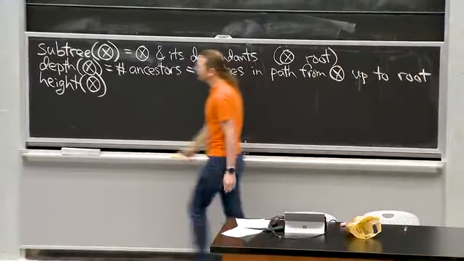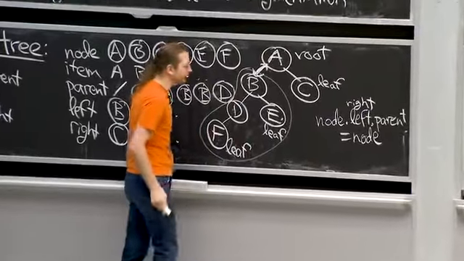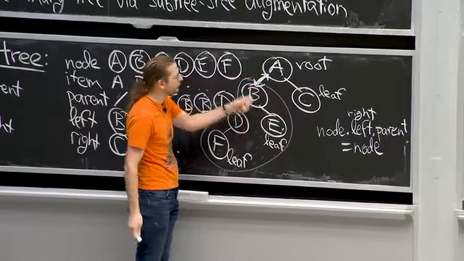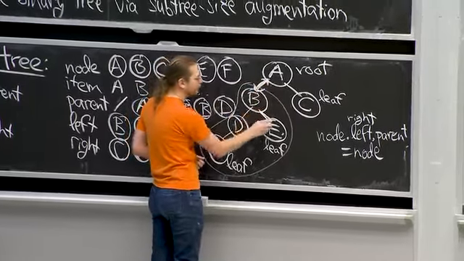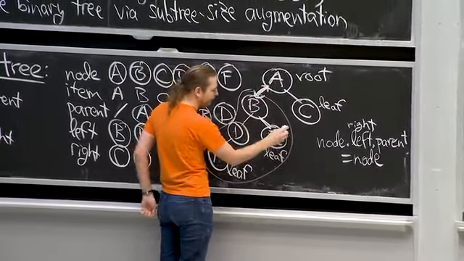So every node has a unique path that goes upwards until it can't go up anymore. So the depth of E is 2 because there are 2 edges, 1, 2, in the path from the root A to E.